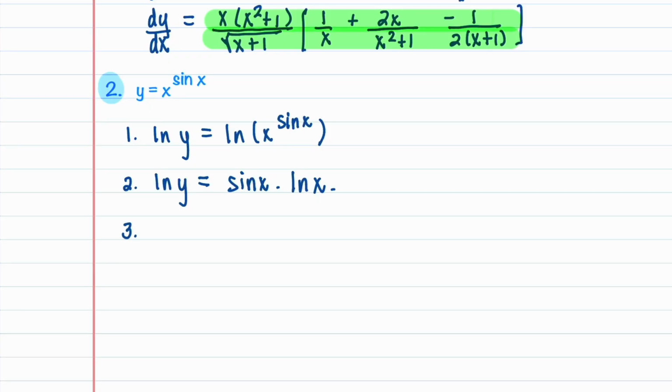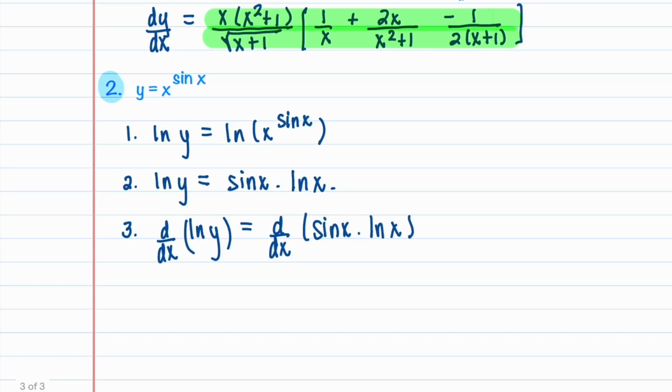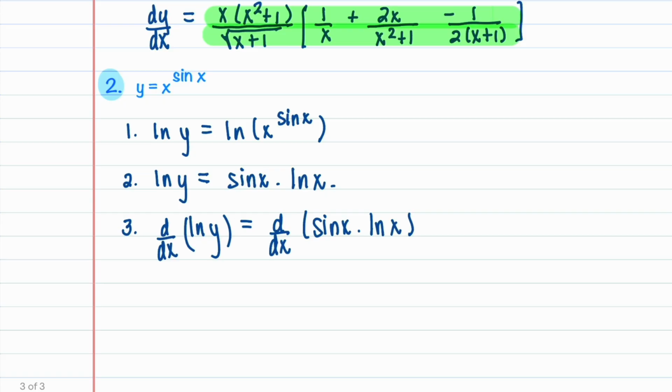Step 3 is to take the derivative of both sides. So we have d dx of ln y is equal to d dx of sine x times ln x. The derivative of ln y is the derivative of what's inside, which is dy dx, all divided by what's inside, which is y.